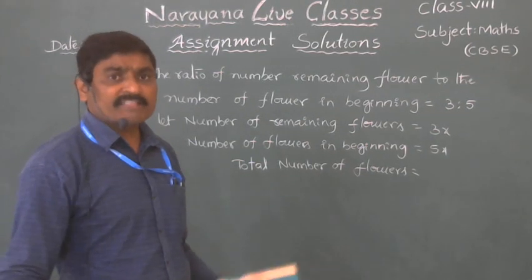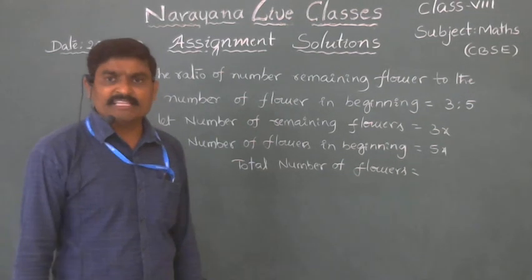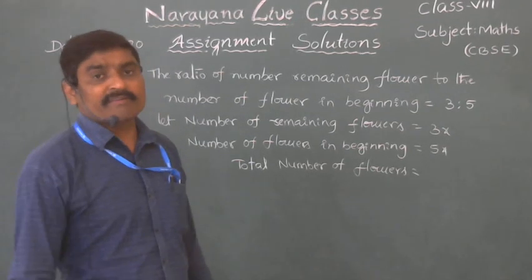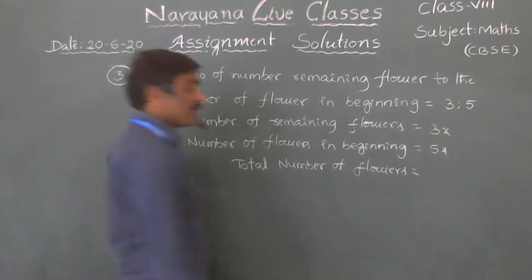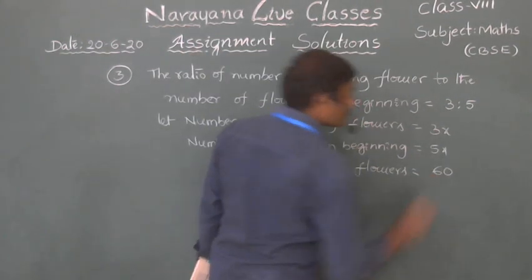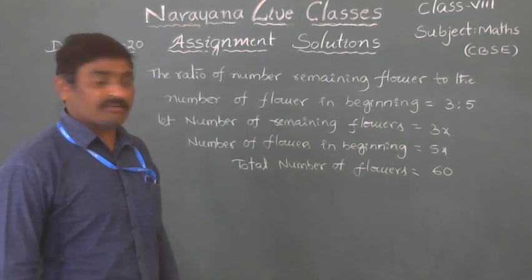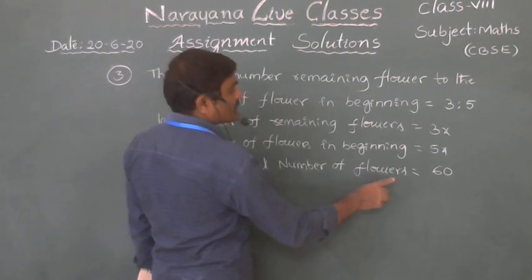Those are the total flowers, that means the number of flowers in the beginning. The total number of flowers is nothing but the number of flowers in the beginning, before offering to the temple. That is given in the question: 60 flowers. This is the first statement in the question. Now the number of flowers in the beginning is nothing but 60.